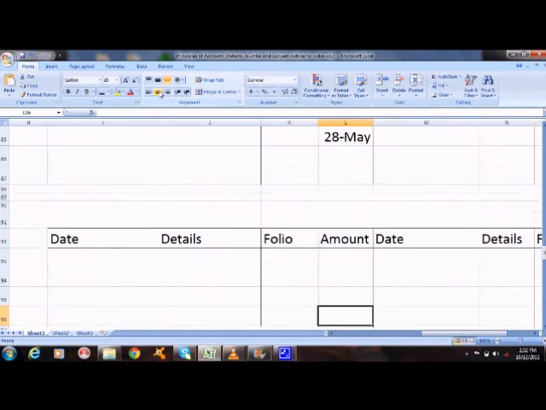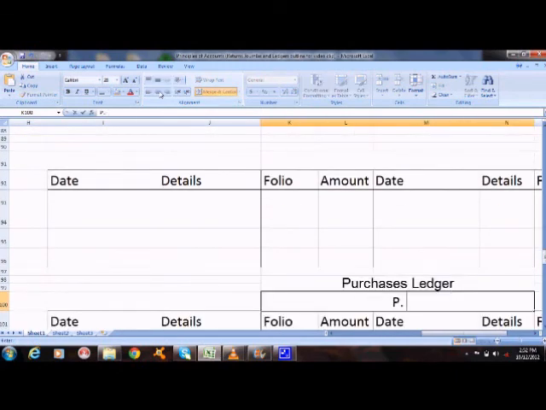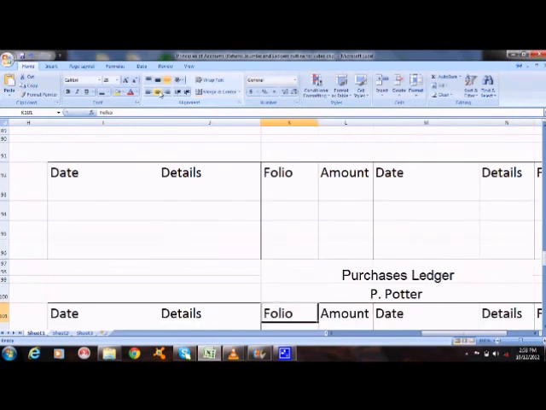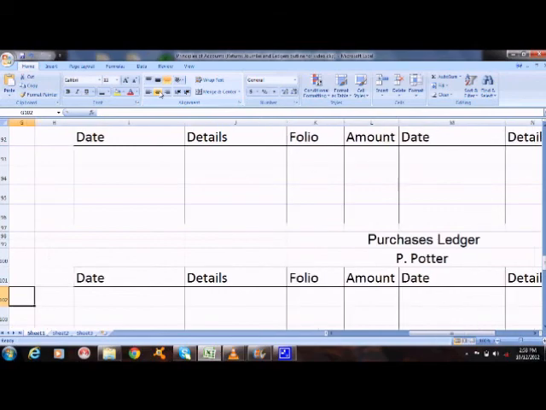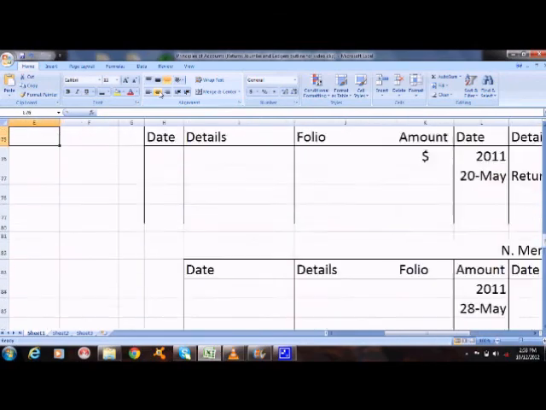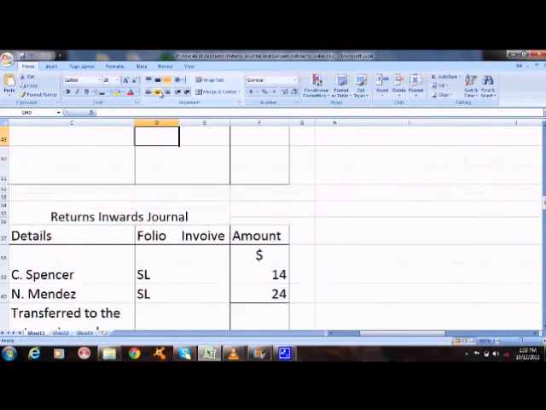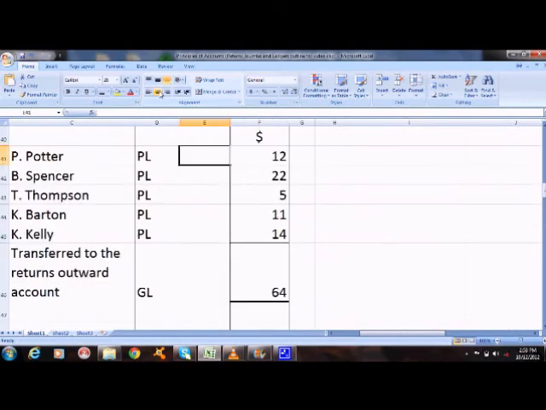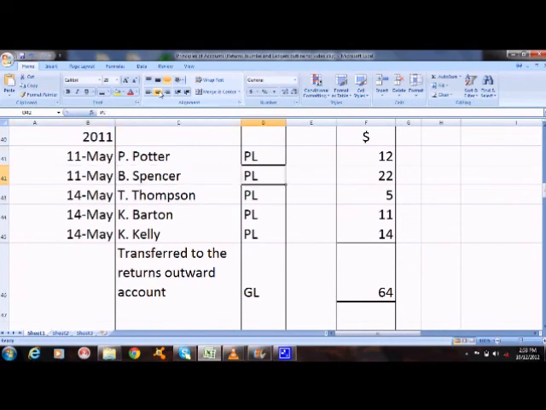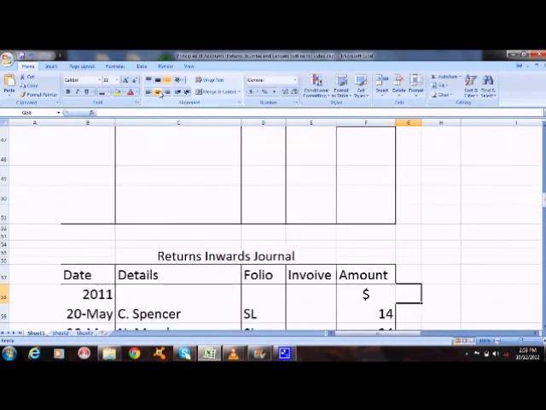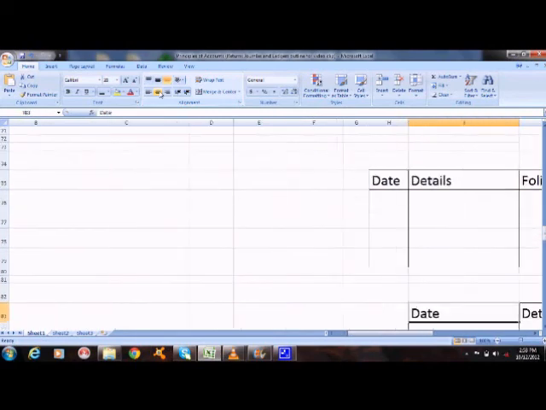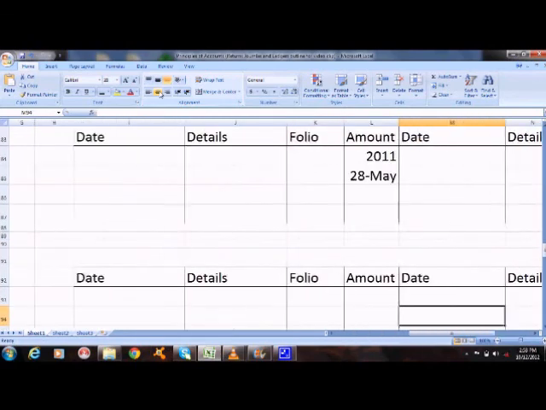Under purchases, we're going to have P Potter, 2011 May 11, and the amount is $12. Yes friends, the amount is 12.